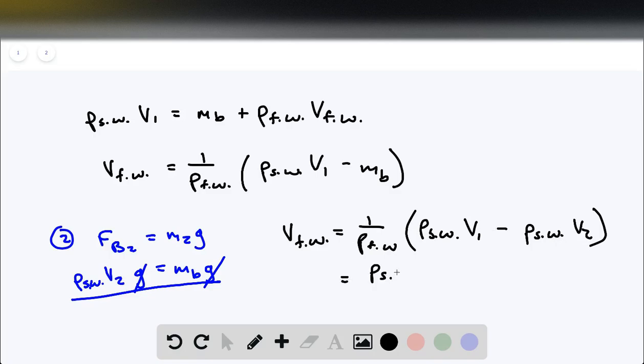So I'll factor out the salt water density over the density of the fresh water. And these densities you can find in a table in the textbook. And then we're just going to consider the difference in the volumes displaced.